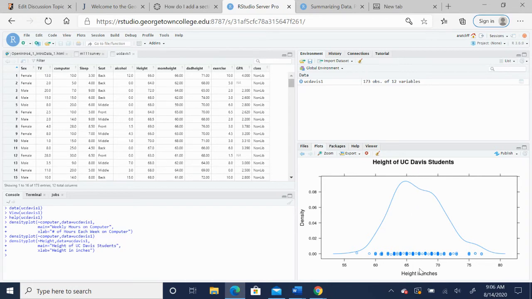What does symmetric mean? If we folded it in half, we would get pretty close to mirror images on both sides. Remember that real life data isn't perfect. It's most likely never going to look perfectly symmetric, so it's okay if it's not exactly perfect, but it's much more symmetric. We don't have skew at the ends. We see that these tails are pretty balanced.